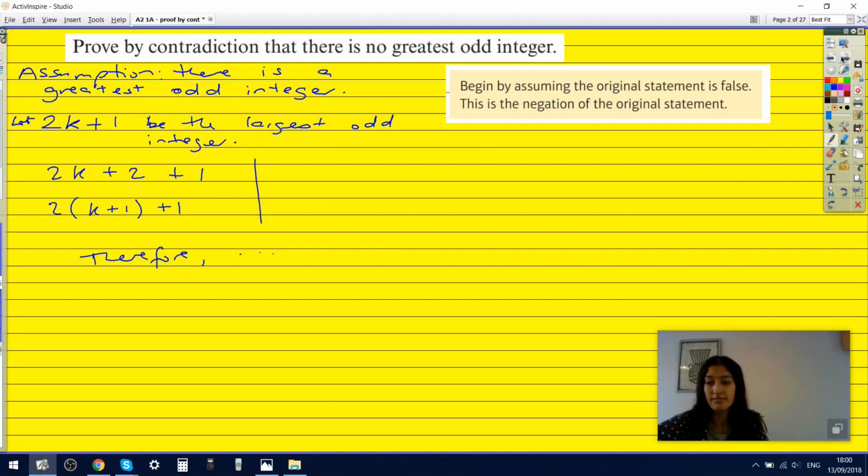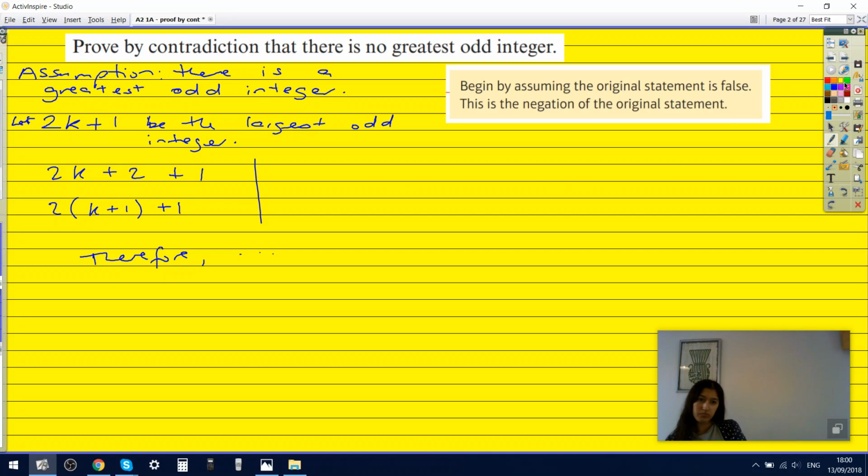Okay. So this one, proof by contradiction that there's no greatest odd integer. I think we did it properly, which was: you think of 2k plus 1 as the largest odd integer. You add 2, then you can factorize out 2, but then it has a plus 1 at the end. This part is a multiple of 2, so it must be even.